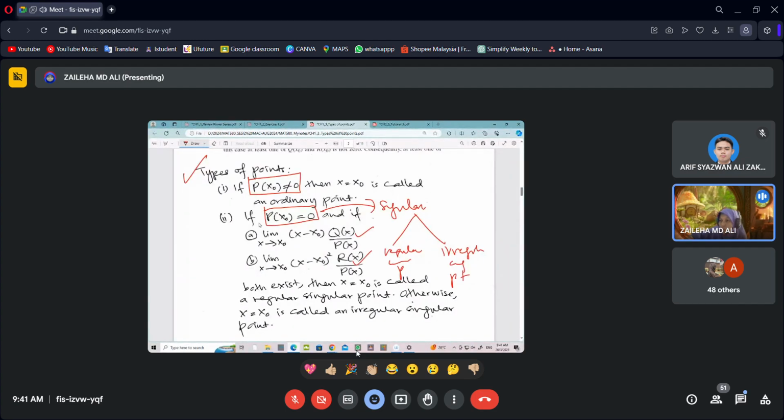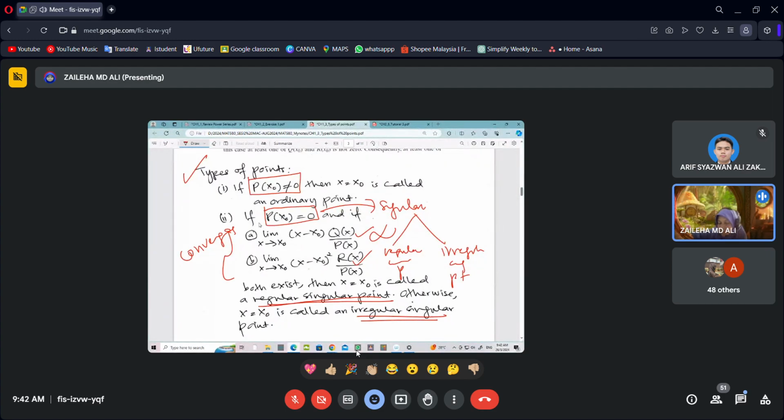This one you know in MAT 455. You have the first limit and also the second limit. When both limits converge, dia akan jadi regular singular point lah dia. If salah satu atau dua-dua diverge, alamak, the first one diverge, maka irregular singular lah dia.